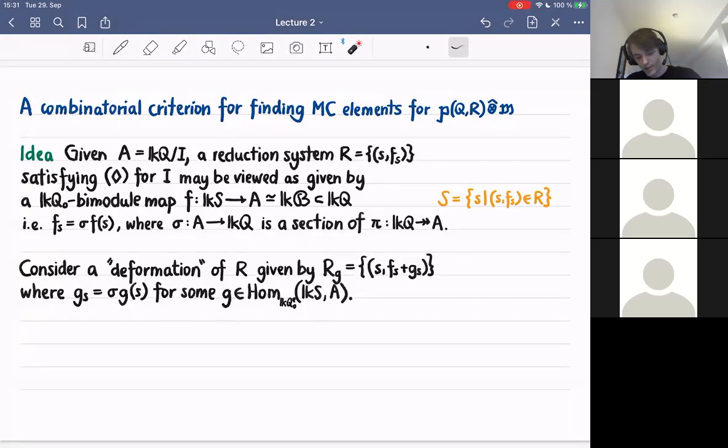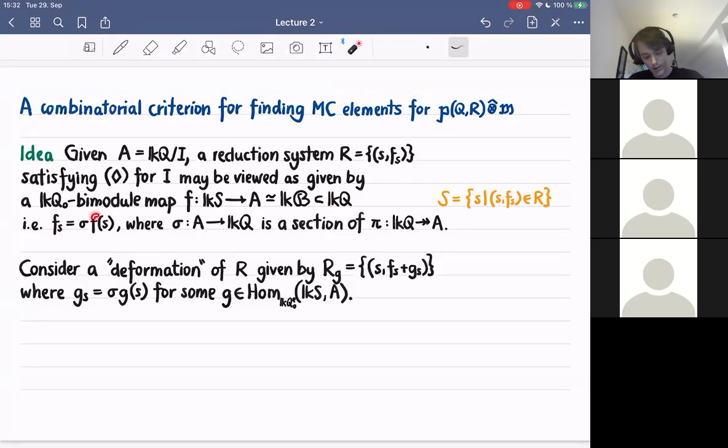This isomorphism comes from the diamond lemma, from this diamond condition. And you can view these as elements in KQ. Okay, and so then you can set Fs to be sigma of f of s.